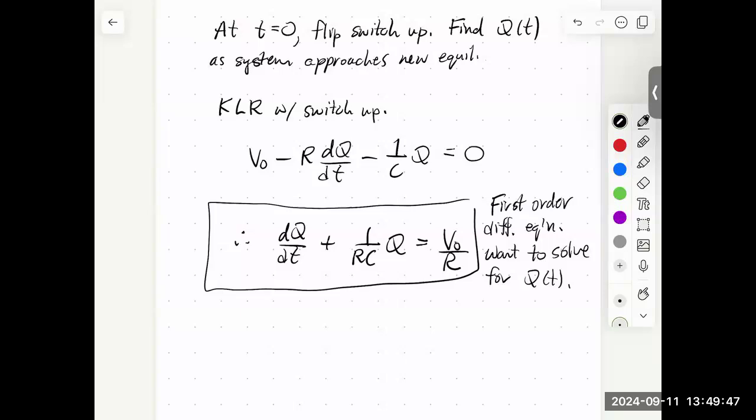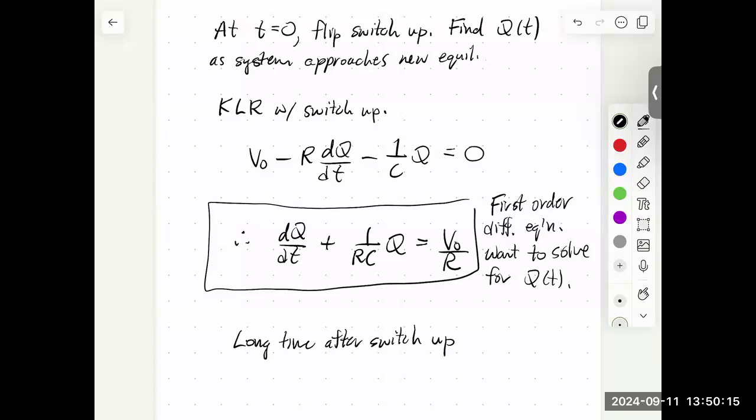Okay, good. We have 1 minute. So somebody tell me, what is the equilibrium charge going to be a long time after the switch is flipped up? How would you find it? Yeah, and so what did you do? You set dQ/dt equal to 0.